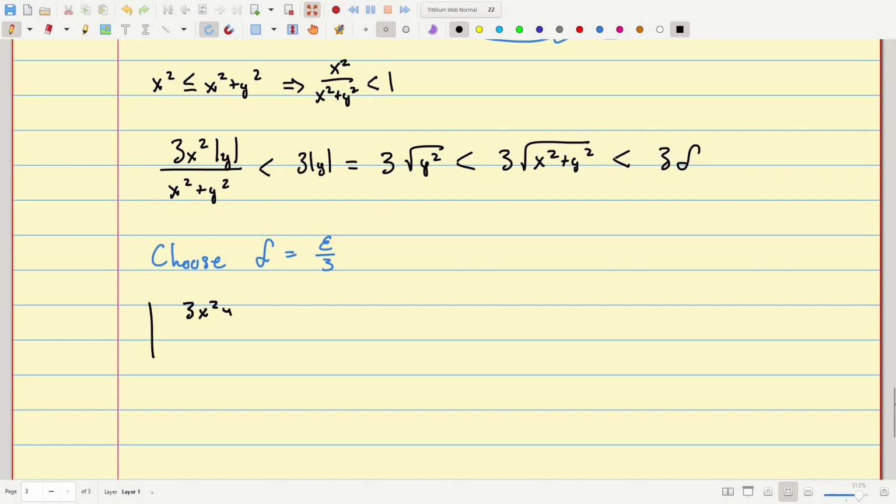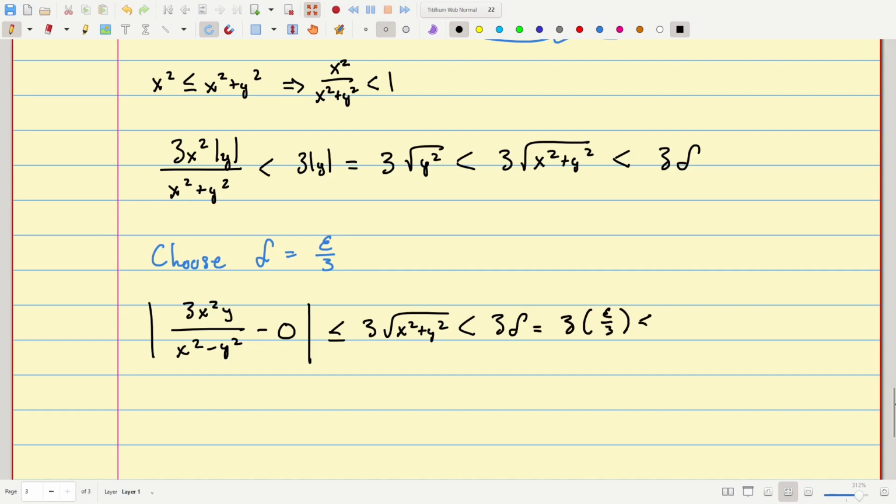We get the absolute value of 3x squared y over x squared plus y squared, minus 0, is less than or equal to 3 times the square root of x squared plus y squared, which is less than 3 delta, which equals 3 times epsilon over 3, which is equal to epsilon. So this is less than epsilon, and we've satisfied the definition of the limit.